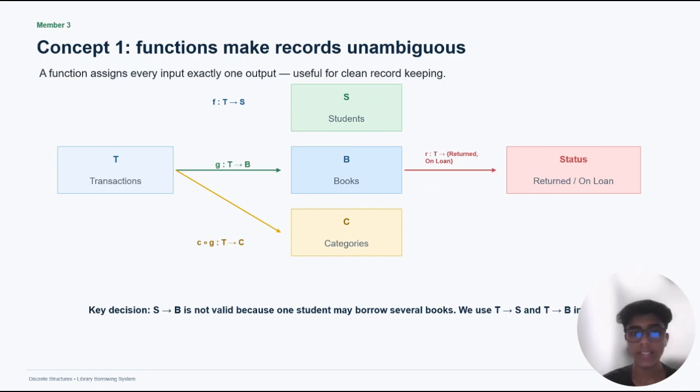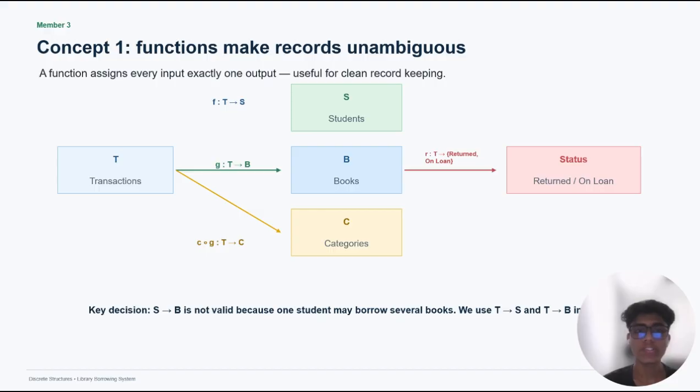We also define the borrowed book function G, where G maps T to B. This means every transaction maps to exactly one book. We also use the category function C, so C maps B to C. This maps every book to exactly one category.